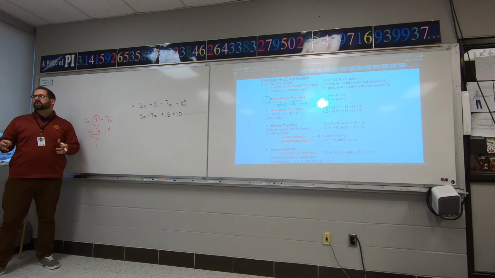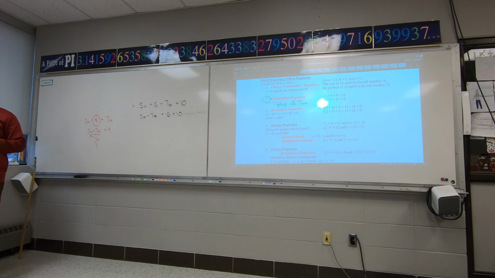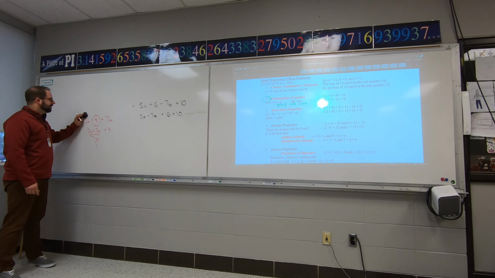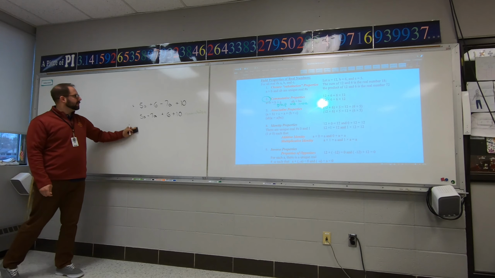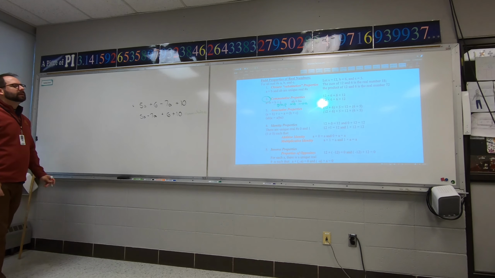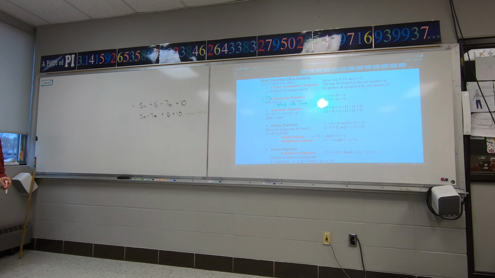And that's a crucial step that some Algebra 1 kids miss. I don't know how. It's this weird thing where they just see pluses and they don't even see variables. They just add every number together. They don't even think about it. They do just a sum of everything, when you can only do like terms. It's a major crucial step that some Algebra 1 kids come to me and they just lack. It's a lack of attention to detail. They just don't see it.